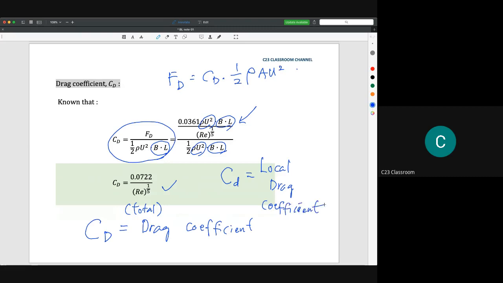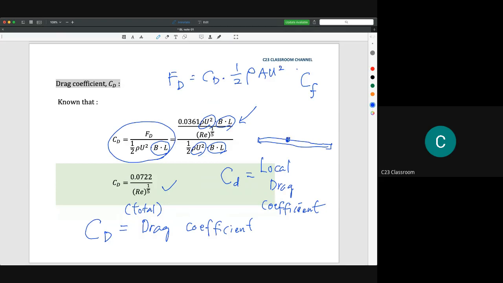However, this symbol is not a fixed one. You need to be very careful when you read a textbook. In certain textbooks, they will use C with a small f because f reflects the local friction. The local means if you have a flat plate here, this is actually the coefficient for one single point.